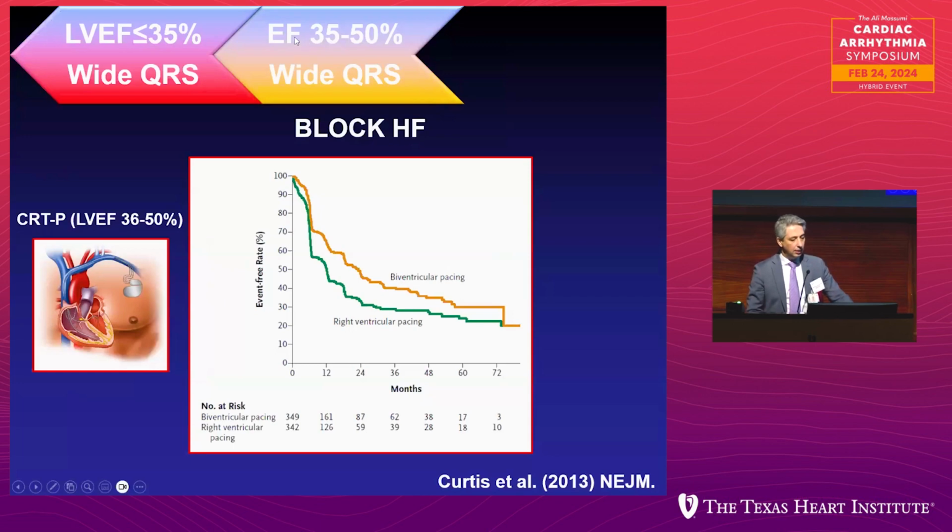Now, looking at the intermediate ejection fraction, we know from BLOCK HF that biventricular pacing is superior to RV pacing in a combined endpoint of death, heart failure hospitalization, and an index of left ventricular remodeling, mostly driven by the latter two.